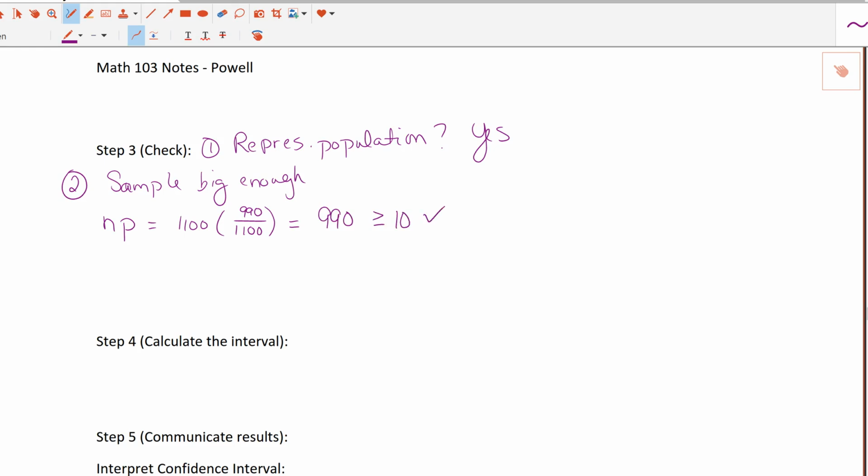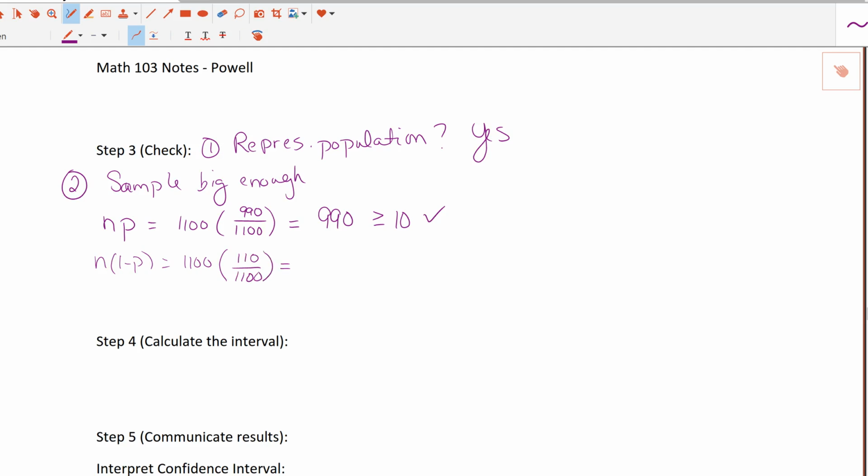That is definitely bigger than 10. And then n times 1 minus p, 1100 times 1 minus p, where p is 990 over 1100, is just going to be 110 over 1100.